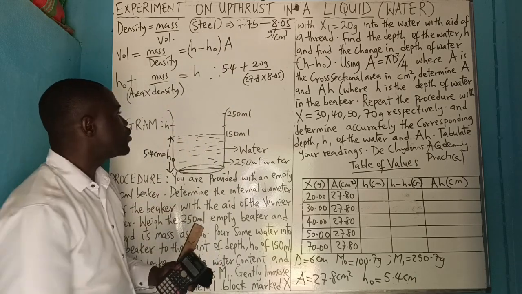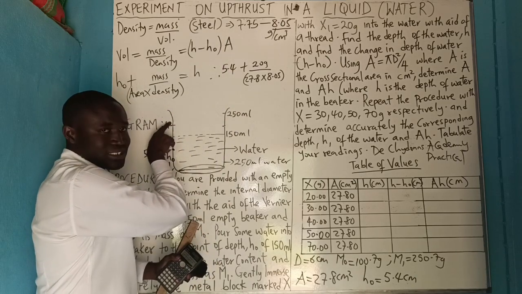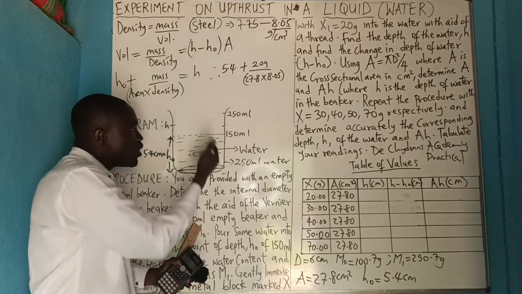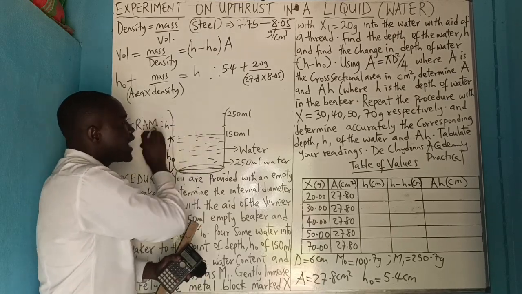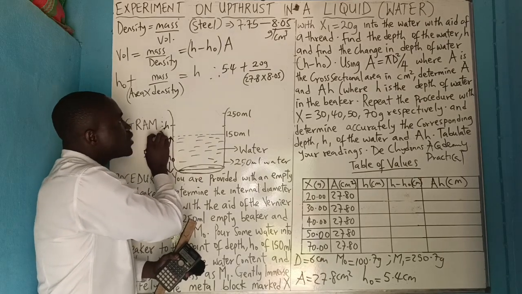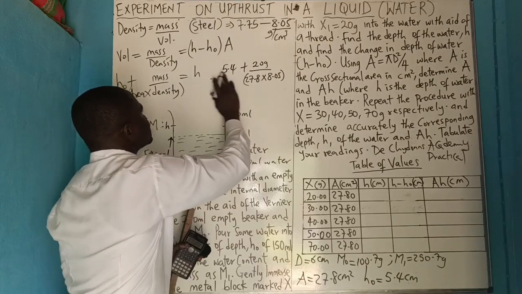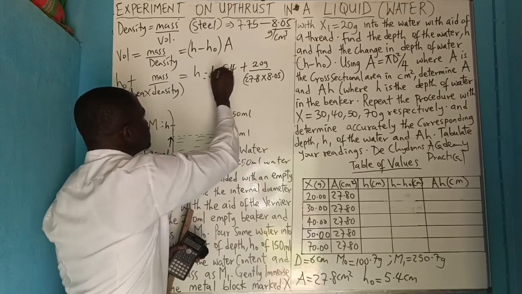It will displace its own volume and increase the volume of water to that height. That height is what we get from this. So we now say that therefore the height is equal to this.